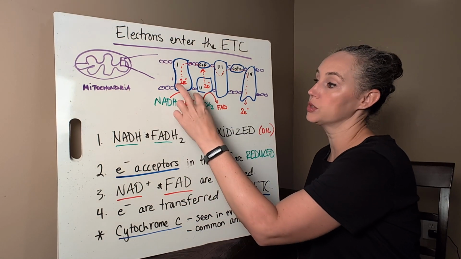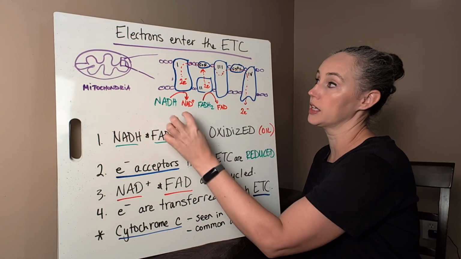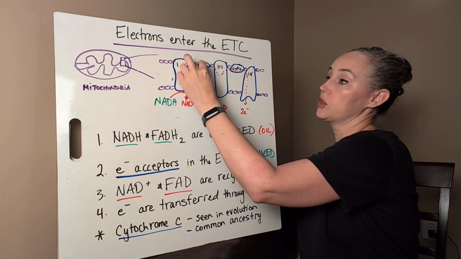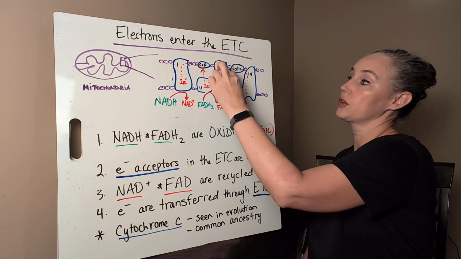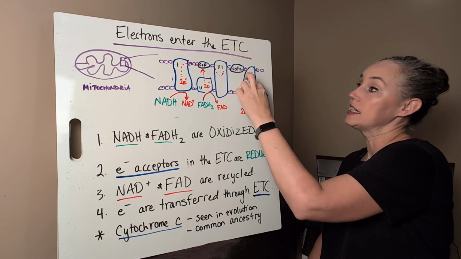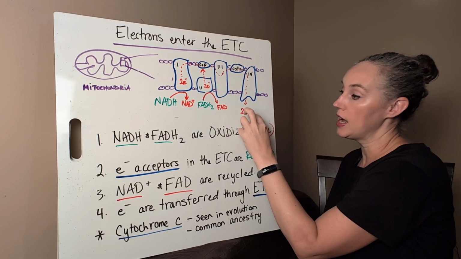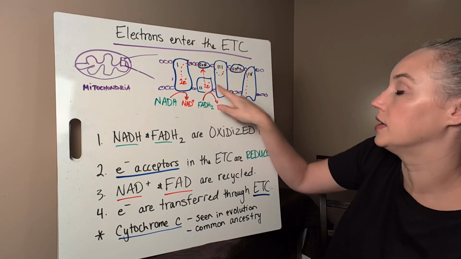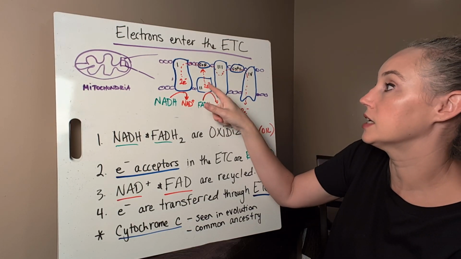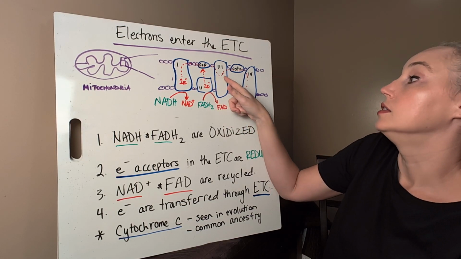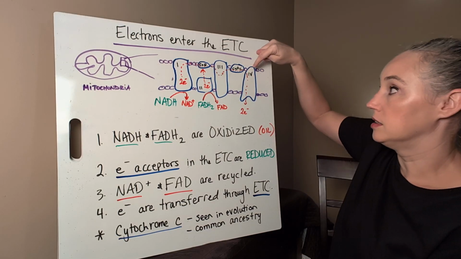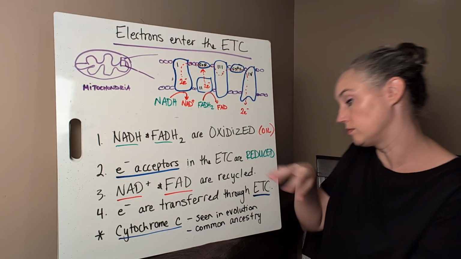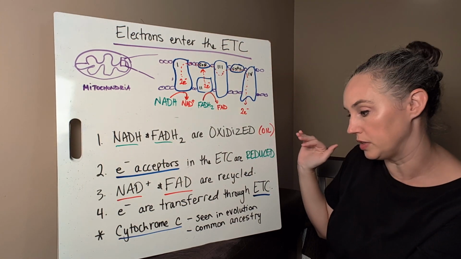The electrons dropped off by NADH are going to go up here through this first protein, across CoQ, down to the third, across cytochrome C, down to the fourth, and come out here, right? And then at FAD, they're going to go in the second one up to CoQ to number 3, cytochrome C, protein 4, and down.